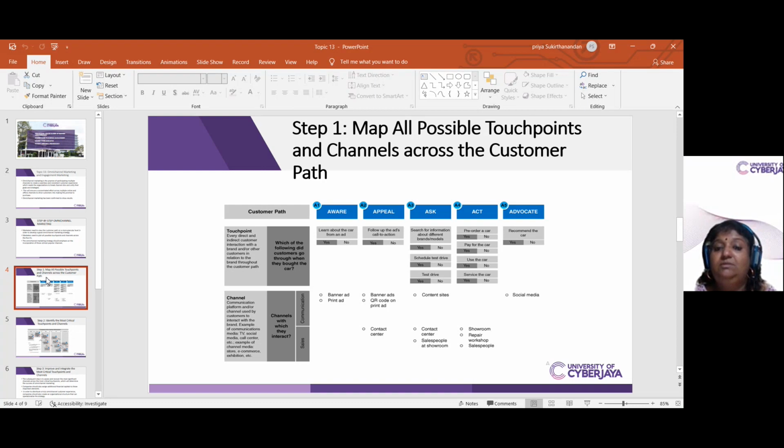Then you talk about the method where they can ask you. That means you create an engine for information about the different brands and models. The example here is with regards to a car, and you can schedule a test drive.